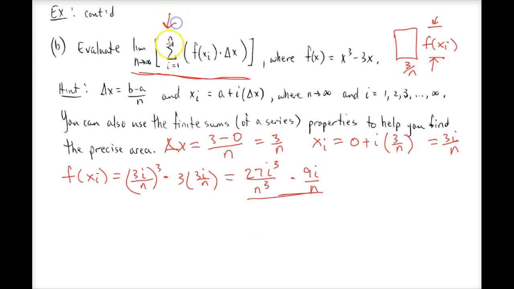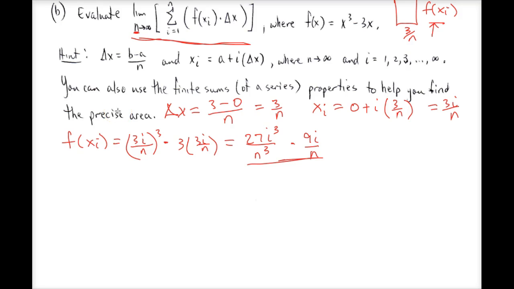Whenever we do the summation first, the summation understands everything in i as its variable. So anything that has an n in it will look like a constant. Once we're done evaluating the summation, then for the limit, anything that's written in terms of n looks like a variable, and we'll be able to complete this procedure.